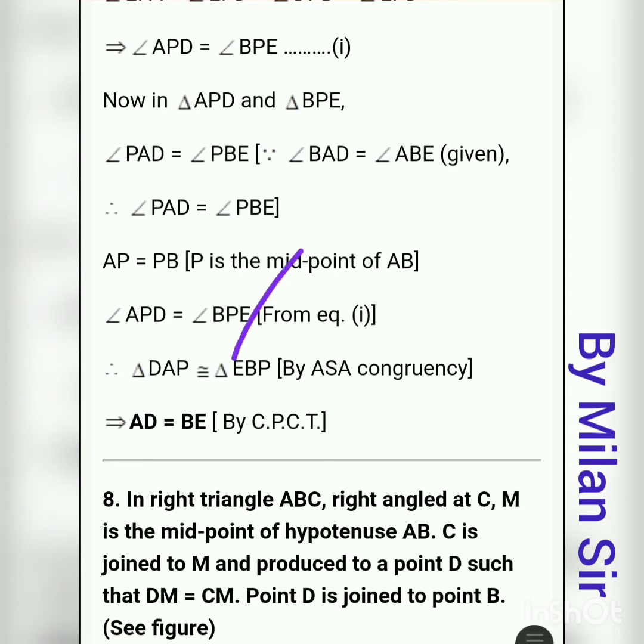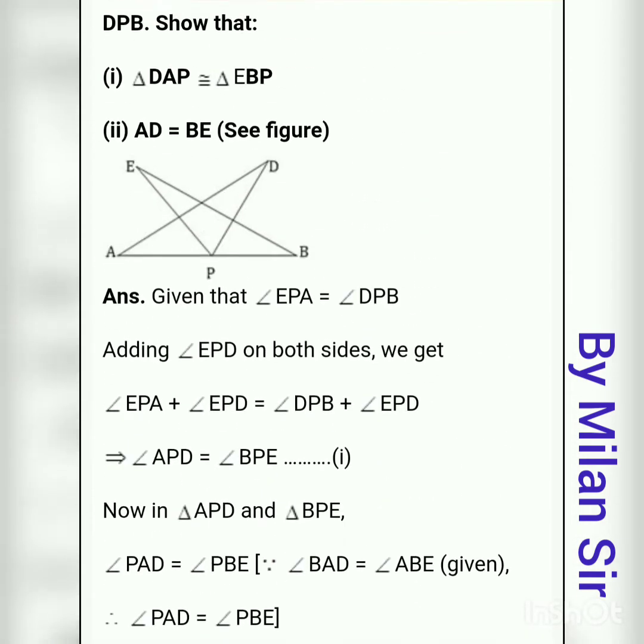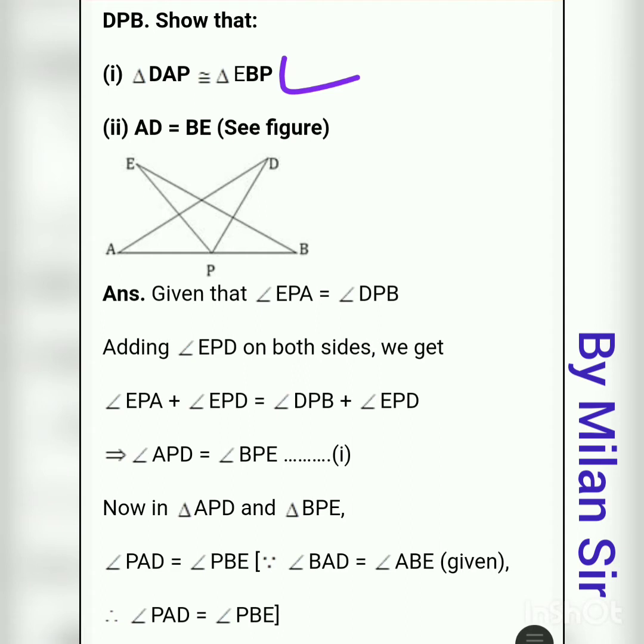So here we need to use the angle side angle criteria, and we can prove this, and from that, by using the CPCT rule, we can prove that AD is equal to BE.